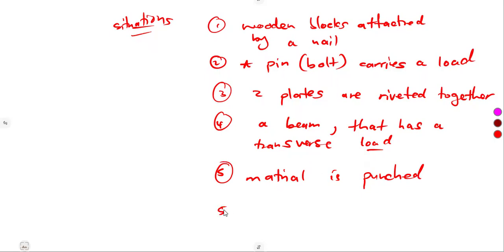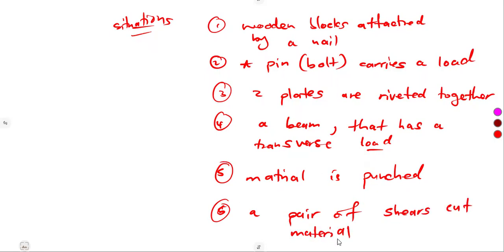For typical diagrams, guys, you can just use a Google search to see what the diagrams look like, okay? Then we can have a pair of shears cutting material. All these are under the influence of, or will cause, the shear stress.